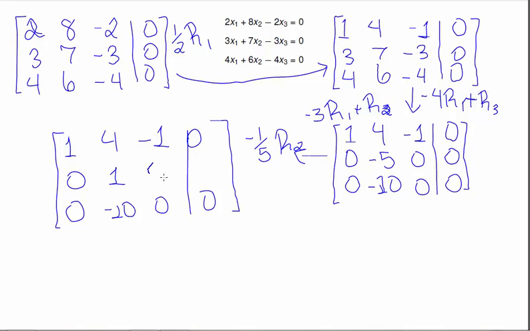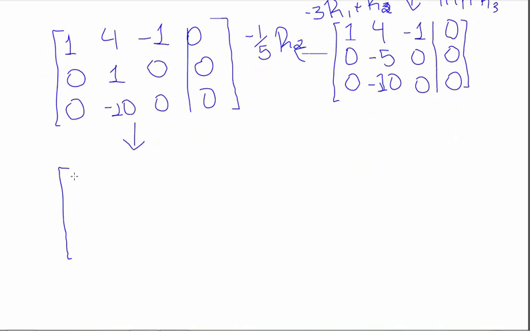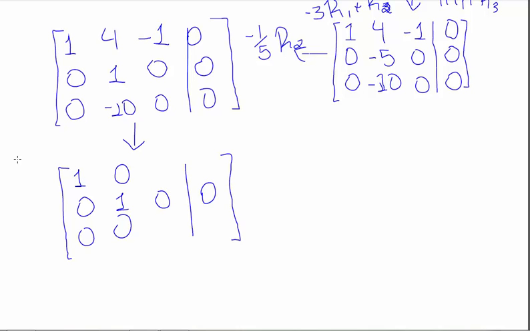That gives me 0, 1, 0, 0. We now need to get zeros above and below this 1.